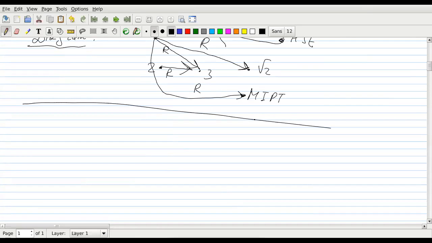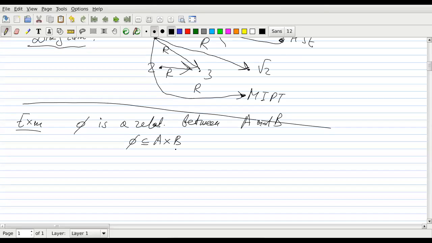So, three more formal examples. The empty set is a binary relation between A and B. Do you agree? The empty set is a subset of every set and a subset of A times B as well.